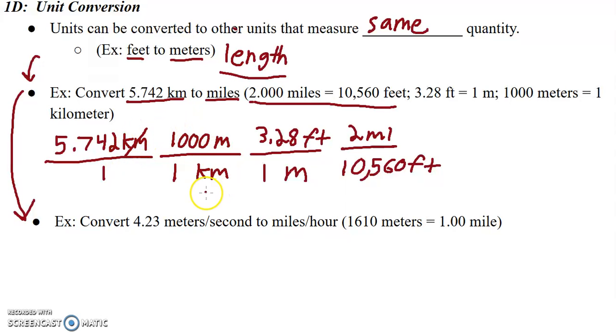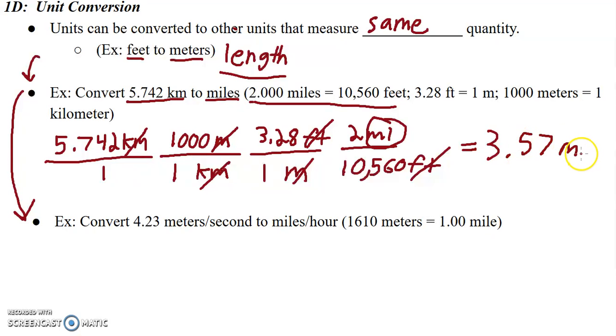Kilometers on the top, kilometers on the bottom, meters cancels with meters, feet on the top cancels with feet on the bottom. So we're left with what we'd like: miles. If we multiply all that out, we get our answer, which is 3.57 miles.